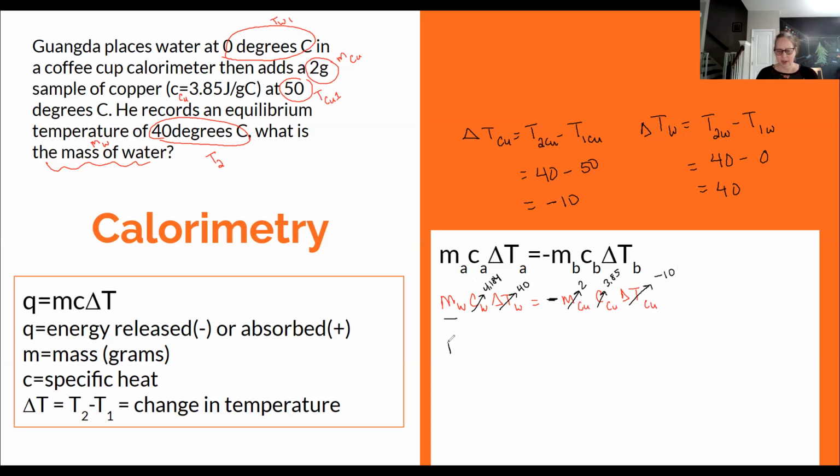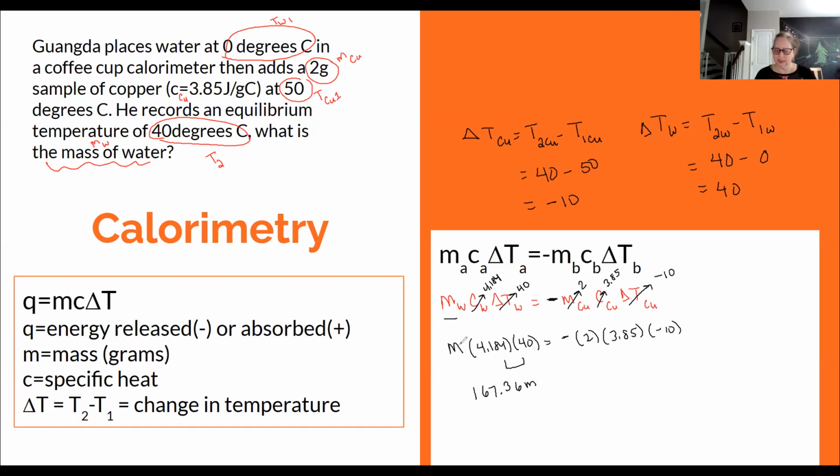All right, mass of water, so I'm just going to leave that m right now, times 4.184 times 40 is equal to negative times 2 times 3.85 times negative 10. Combine like terms. 4.184 times 40 gives me 167.36 m.